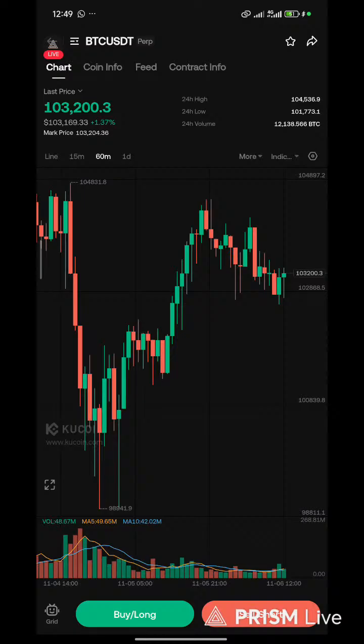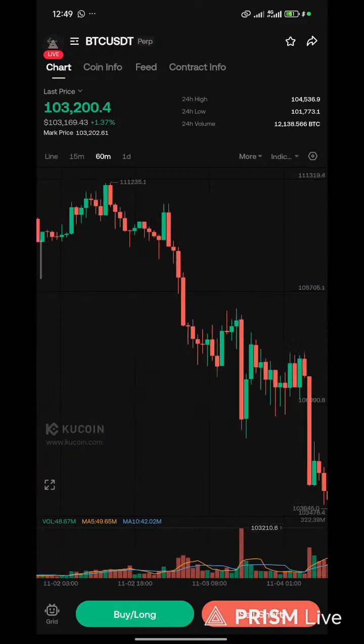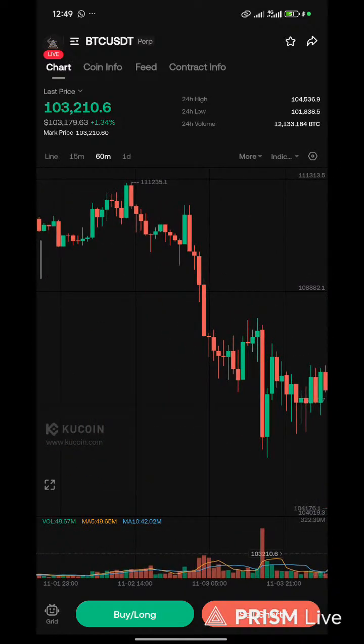I told you that the shooting star is a bearish reversal candle that is formed at the top of an uptrend, very close to the resistance level. Once it's at the resistance zone and you combine it with other indicators, it gives you a massive trade opportunity to enter the market instantly.